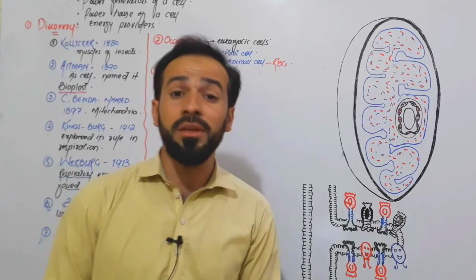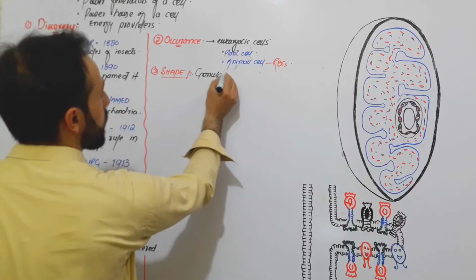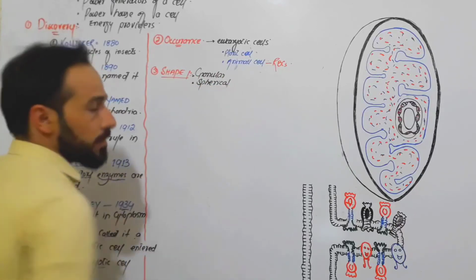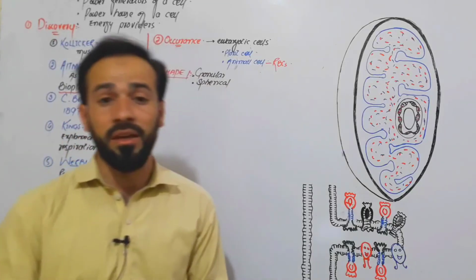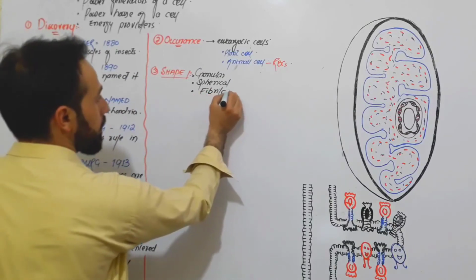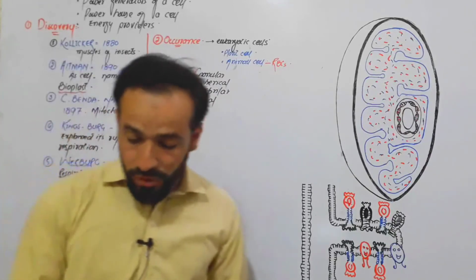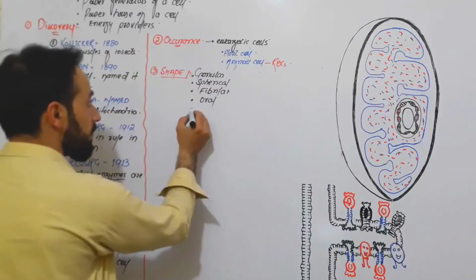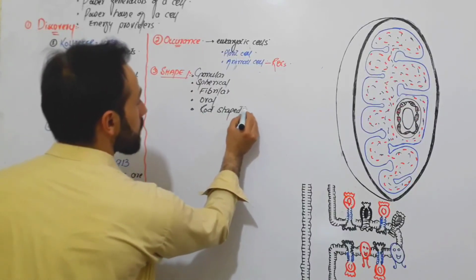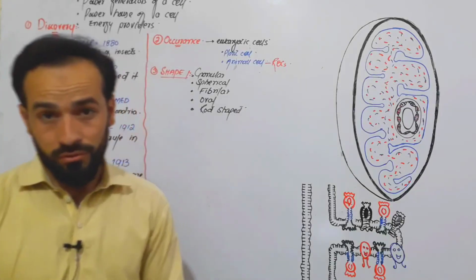For example, it may be granular, spherical, fibrillar, or oval, or it may also be rod shaped. So these may be the shapes of mitochondria, right?